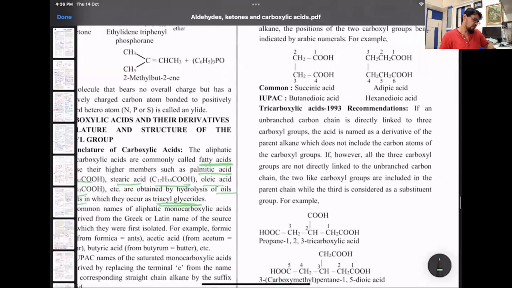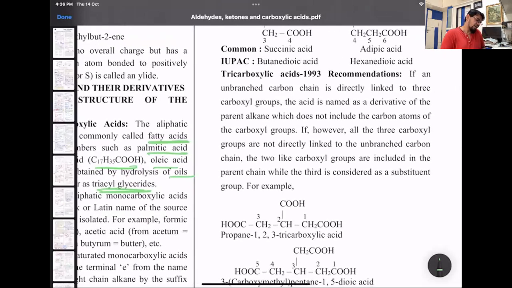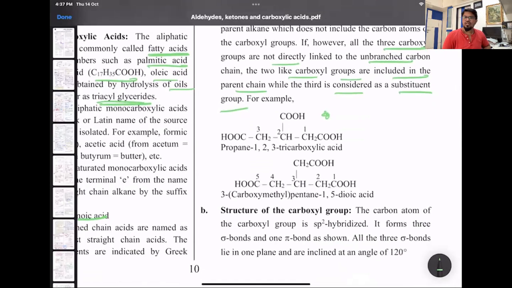That way. Now this is a very important example. If 3 carboxyl groups are not linked directly, is this clear? The 2 carboxyl groups are included in the parent chain, while the third is considered as a branch. Look at that part. How do we do this now? Suppose we have the COOH directly attached, like in the first example, we call that propane-1,2,3-tricarboxylic acid, because you're not taking any one into the chain.